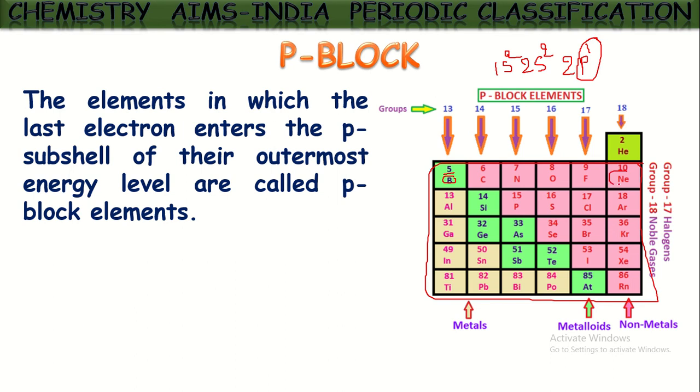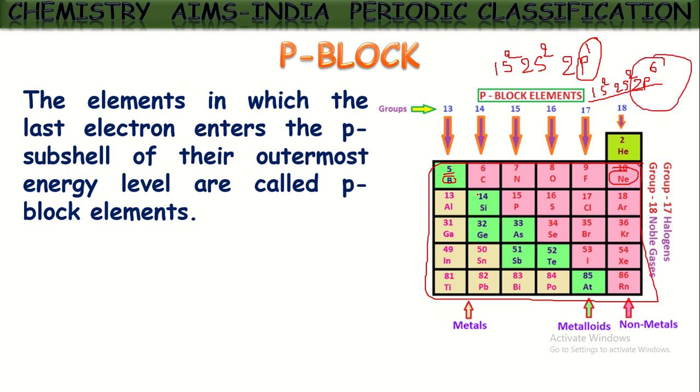If you see neon, neon's atomic number we know is 10, isn't it? So if you write the configuration for it, we get 1s2, 2s2, 2p6, isn't it? This is the electron configuration of neon. Now, where is the last electron present for this neon? In the p subshell.